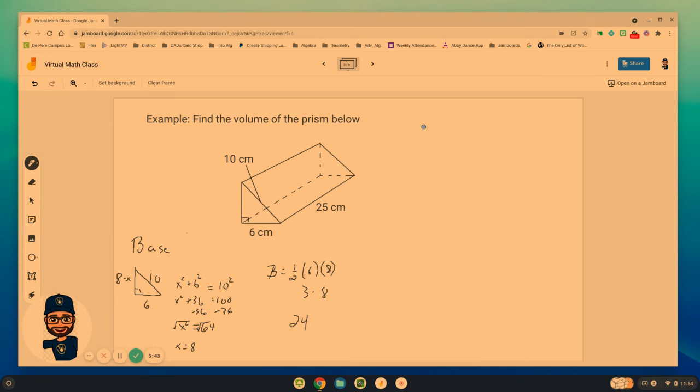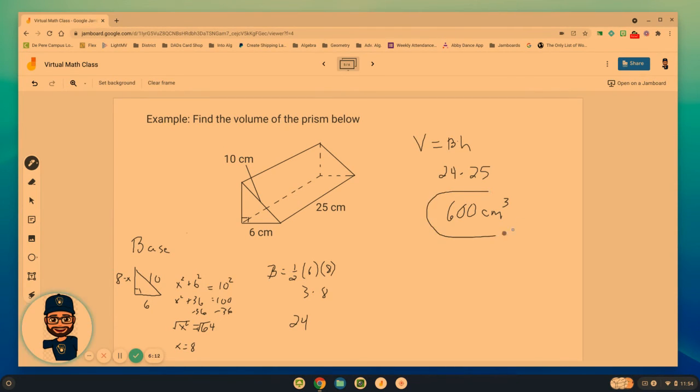So the capital B in my volume formula, capital B times H, is 24 times the height between the two bases. My front is here, my back is there. The height between them is 25. 25 times 24 should be 600. Our volume is going to equal 600 cubic centimeters.